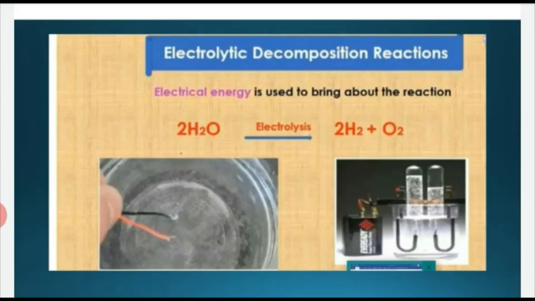Decomposition of sodium chloride occurs on passing electric current through its aqueous solution. So, sodium chloride decomposes into metallic sodium and chlorine gas. This process is termed electrolysis. Okay, 2NaCl on passing electric current gives 2Na plus Cl2.